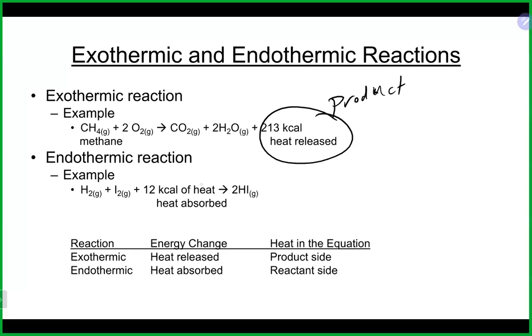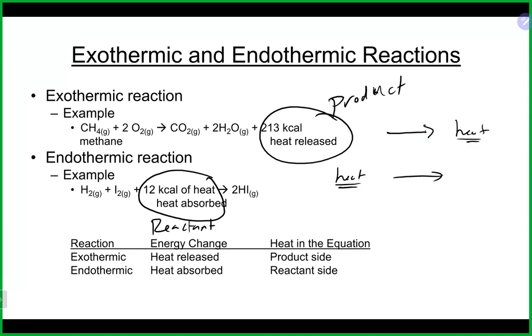And that is opposite for our endothermic. If it was written into an equation, it would be written in as a reactant, on the reactant side, like it's being absorbed or added to our reactants in this reaction. That is also a very common way, and it can just be a generic heat written on one side of the arrow versus heat written on the other side of the arrow.